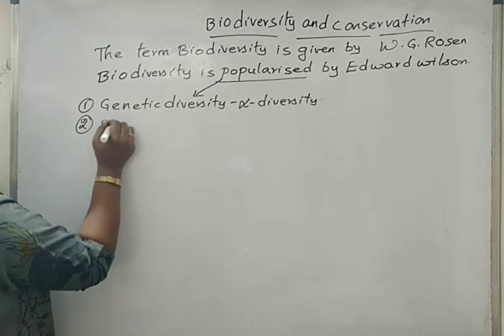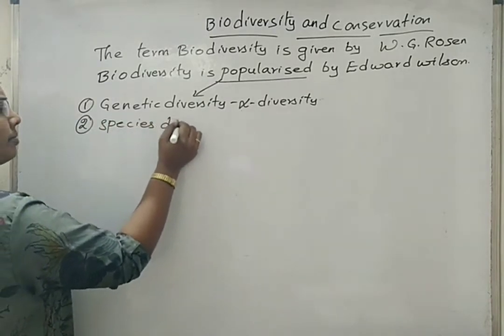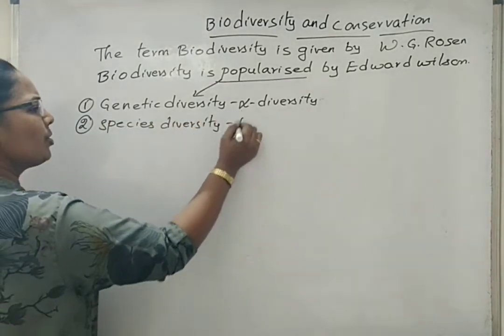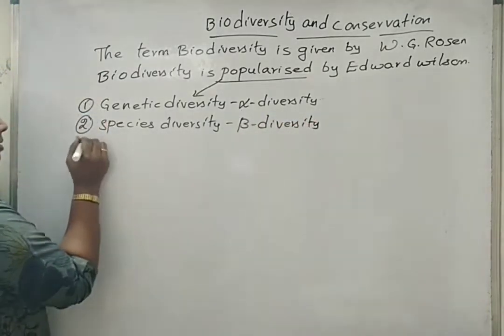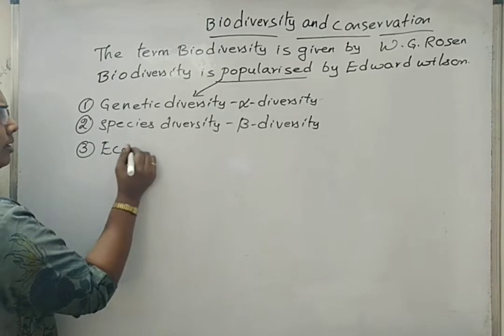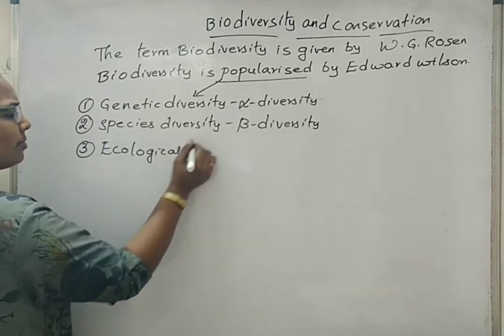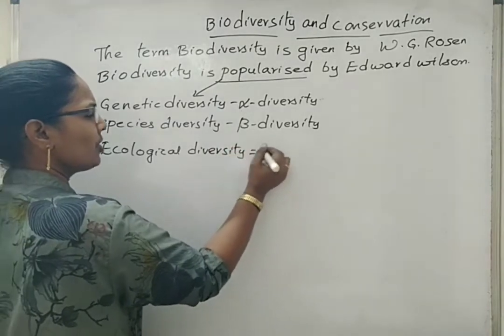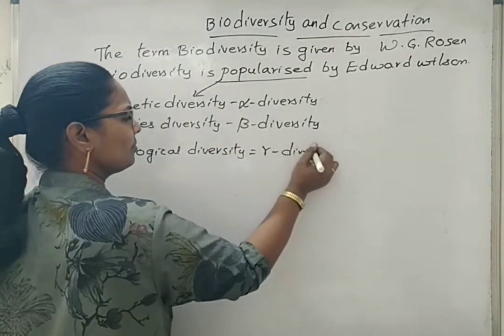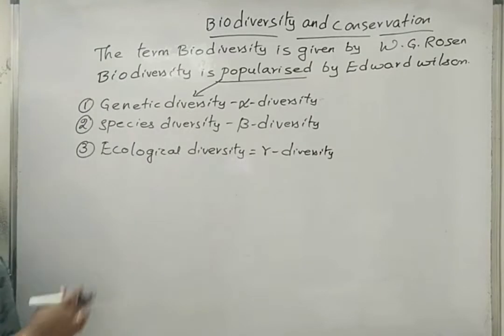Second one, species diversity, which is also called beta diversity. Ecological diversity, the third one, or ecological variations, is also called gamma diversity. So these are the three major levels of variations explained by Edward Wilson.